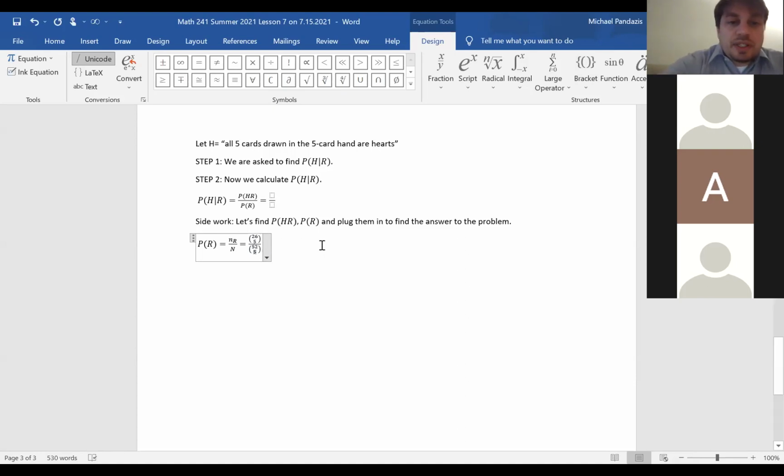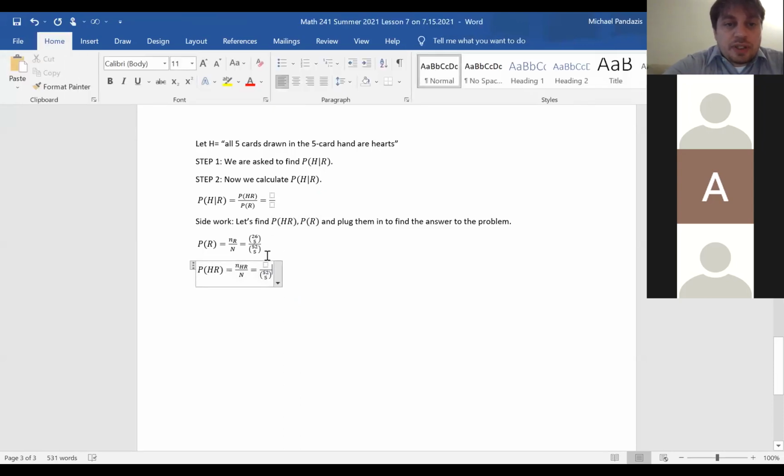And so the probability of HR is the probability of all 5 cards drawn being red and all 5 cards drawn being hearts. This is N sub HR divided by capital N. Again, the total number of 5 card hands is 52C5.